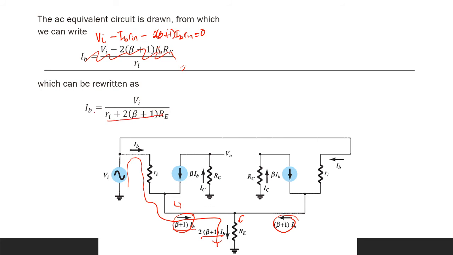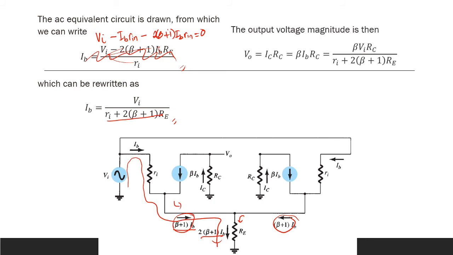And we will arrive at IB is equal to V in over R in plus 2 beta plus 1 RE. Basta, nag-arrive tayo dito at this equation. Now, we have our equation for IB. Next, for the output voltage, maglo-loop tayo ulit dito. And yung loop natin dyan is, we have V out is equal to IC RC.